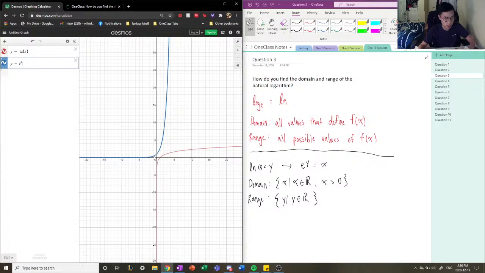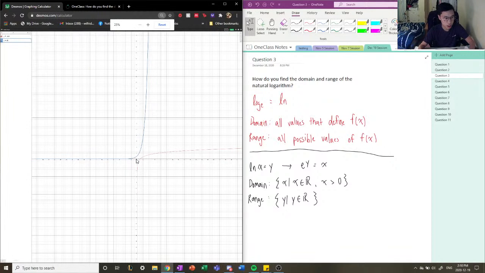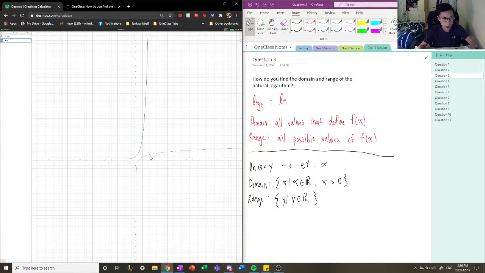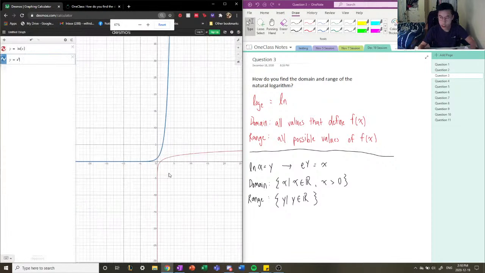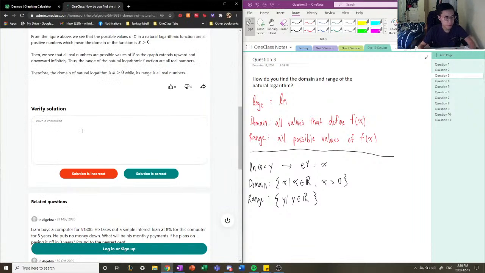This function continues on and on towards infinity, but all values of x on the real number line are valid and define our inverse function. So the domain of our inverse function is equal to the range of our original function. In that reasoning, the range of our logarithmic function is all real numbers. Other than that, the solution is correct and we can move on.